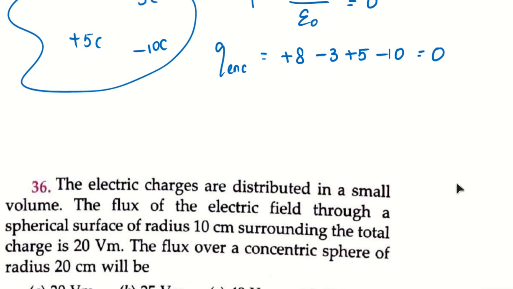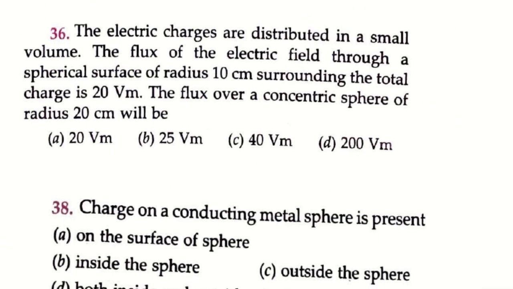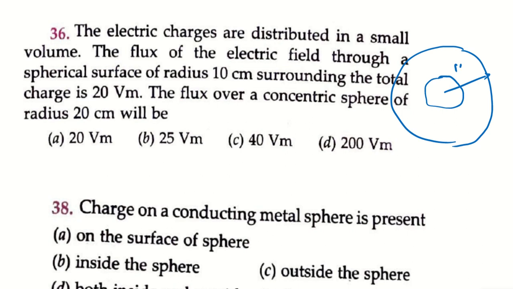Next question. The electric charges are distributed in some small volume. The flux of the electric field through a spherical surface of radius 10 centimeter surrounding the total charges is phi equals 20 volt meter.